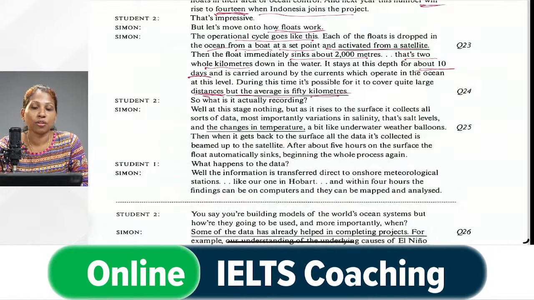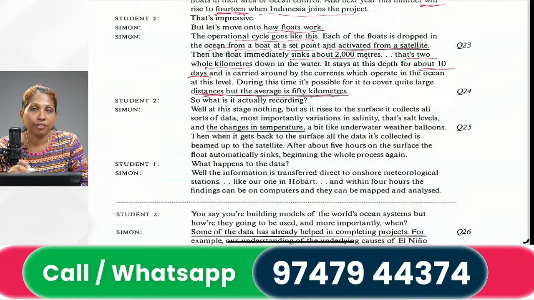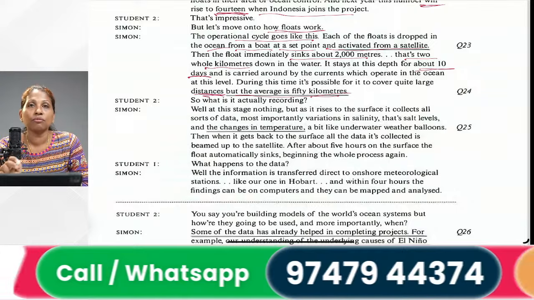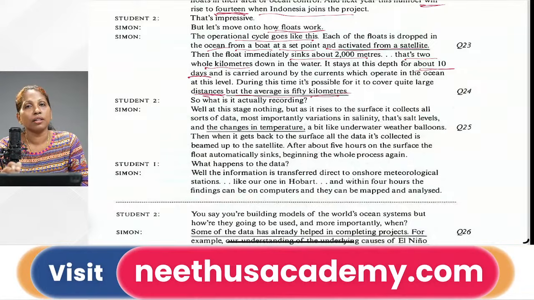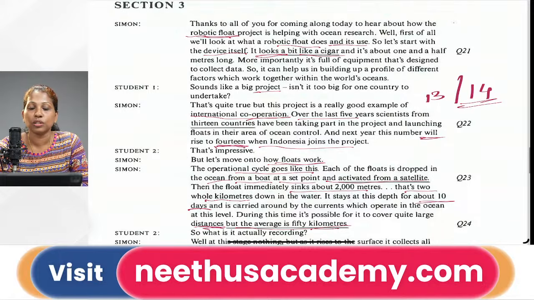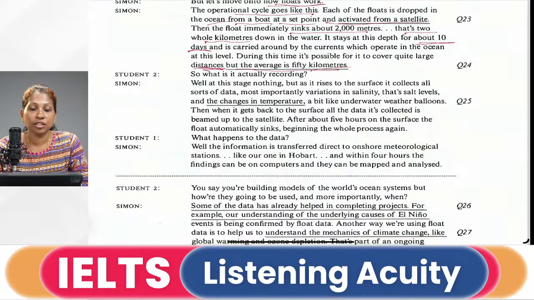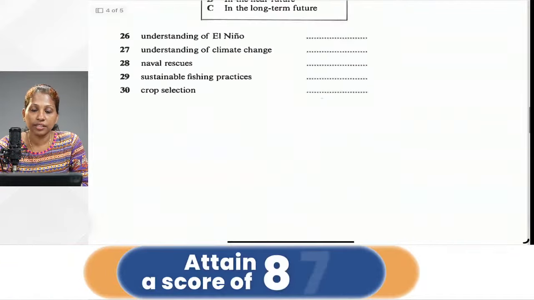Anyways, audio you cannot listen, sorry for that. So definitely you can add 5, don't write FIFTY and write kilometers. You write 50 numerical and then you write kilometers, because instruction says one word and or a number. You cannot write two words. That will be technically, as per instruction, incorrect. Okay, now coming to the next question, the next blank.